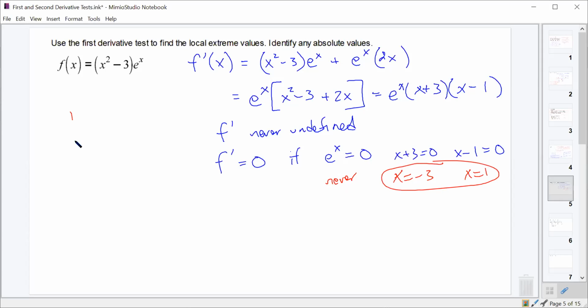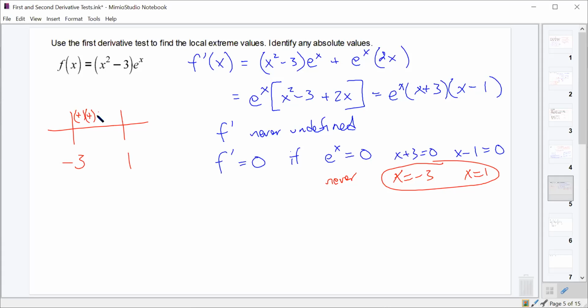So we'll make our sign chart. What's the nice easy number between negative 3 and 1 that we could plug in? 0. So plug in your 0. E to the 0 is positive, right? So that's a positive. 0 plus 3 is positive.